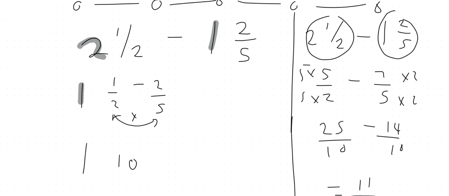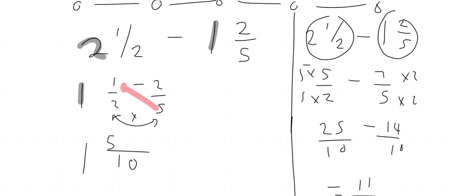And I put 10 and I do like this. Then I say 1 times 5, I get 5. Then I put 5 here. Then I say minus.